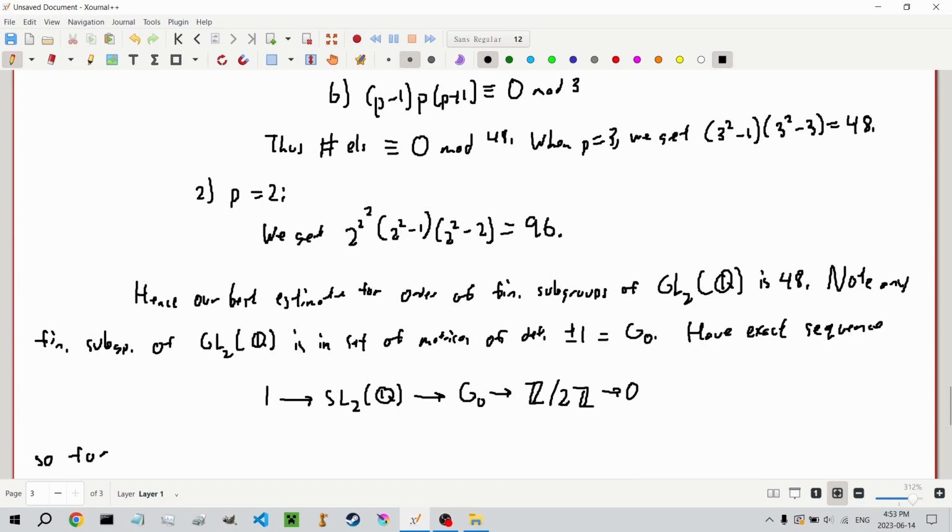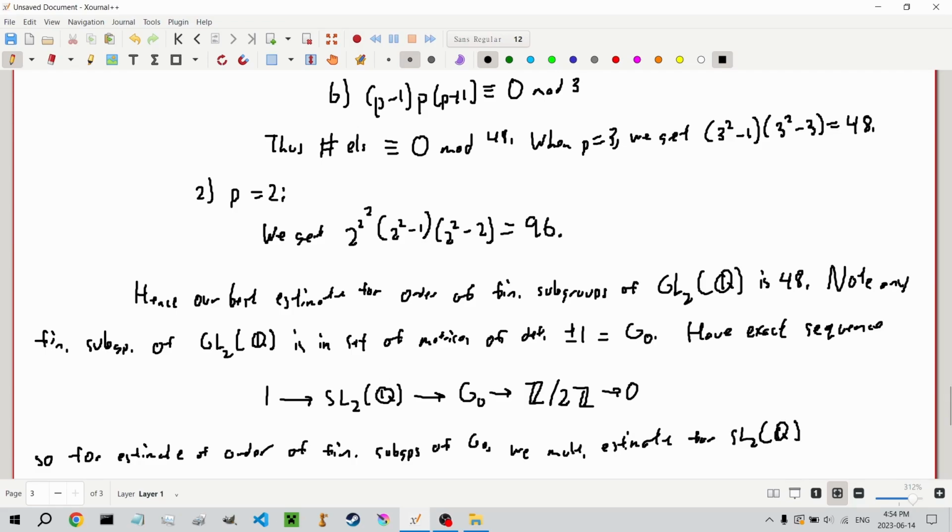So, for an estimate of the order of finite subgroups of G0, we can multiply the estimates for SL2 of Q by 2.